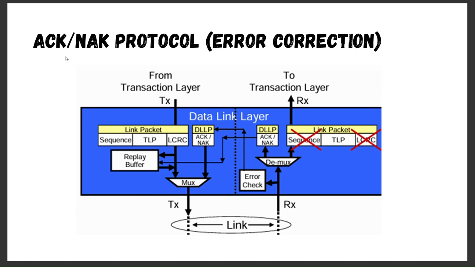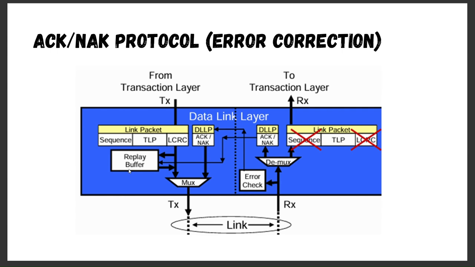Now let us understand the ACK or negative acknowledgement protocol. This protocol ensures reliable communication by allowing the sender to retry in case of errors. Sending TLPs: the sender keeps a copy of each outgoing TLP in the replay buffer, as you can see here, until it receives the ACK DLLP confirming successful delivery.